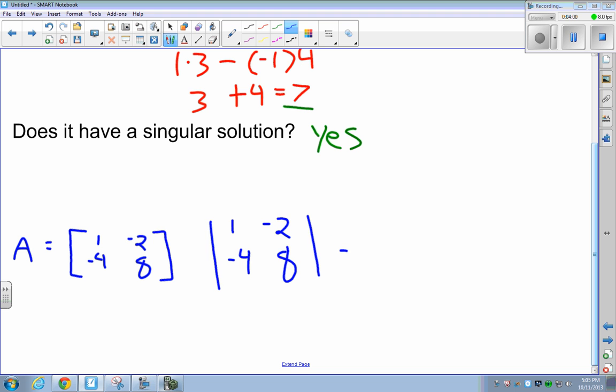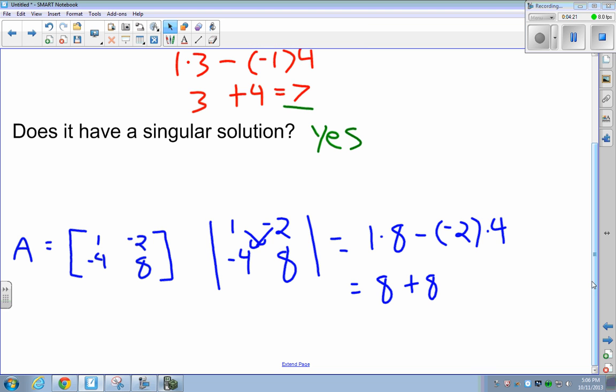Okay, which is equal to 1 times 8 minus -2 times 4. Which is just equal to 8 plus, oops, sorry, did that wrong. Don't forget about your -4 right here. And so this will be -8.